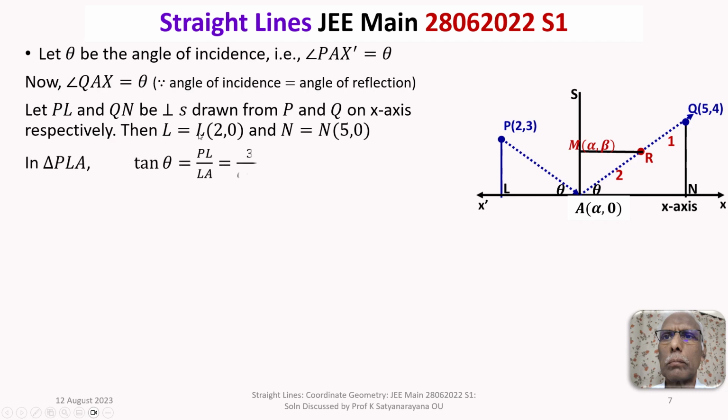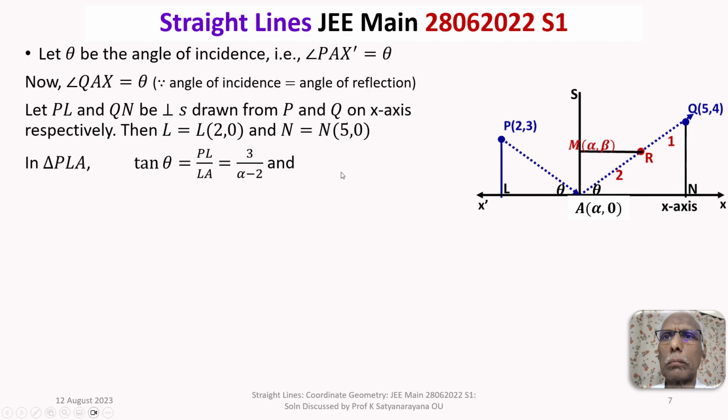So L is (2, 0), and similarly N is (5, 0). Consider the triangle PLA and take tan theta. Tan theta is equal to PL by LA. PL is the ordinate of P, that is 3. L has coordinates (2, 0), A has coordinates (alpha, 0), so LA will be alpha minus 2.